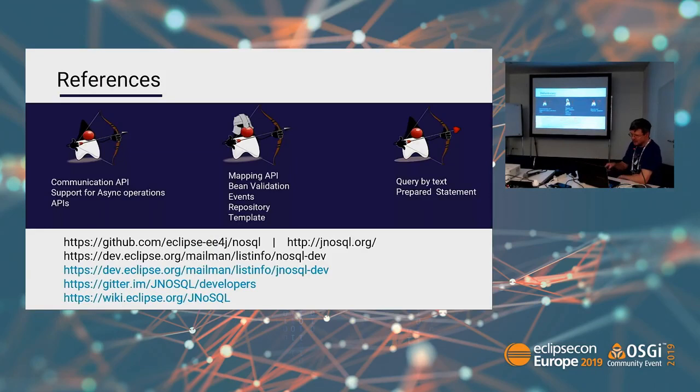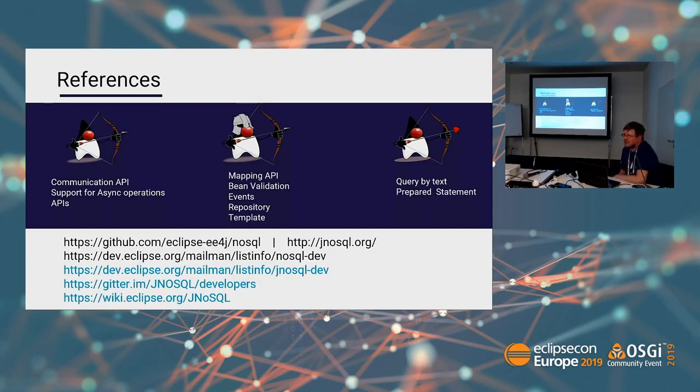Here are a couple of references. The ones in black refer to the Jakarta NoSQL spec, except the NoSQL org page at the moment, because Jakarta EE right now only covers the specs that are final in Jakarta EE 8. So until eventually it may also become part of the Jakarta EE platform, the NoSQL org website shows both the spec and the implementation.